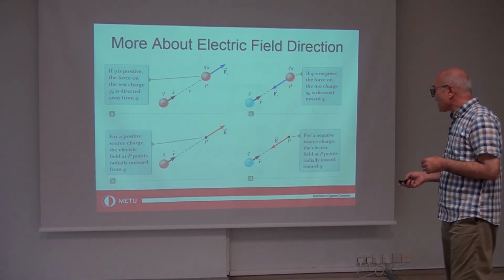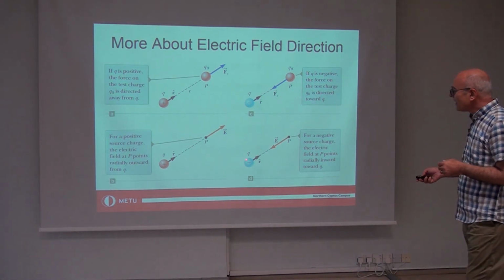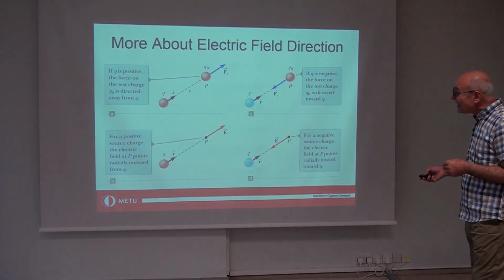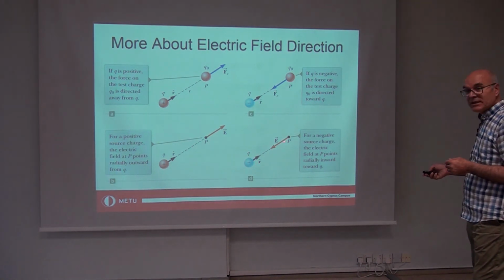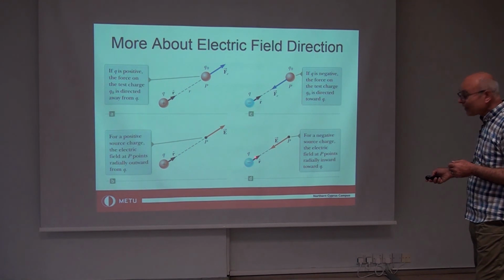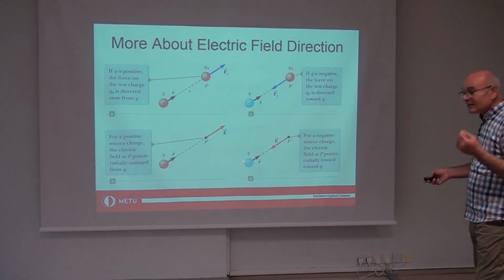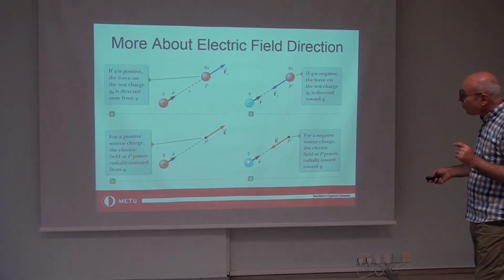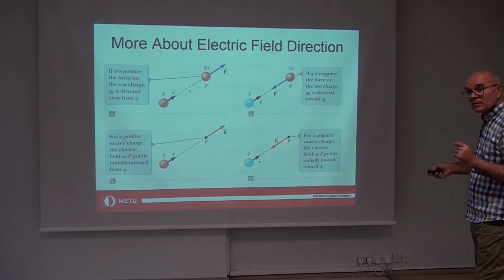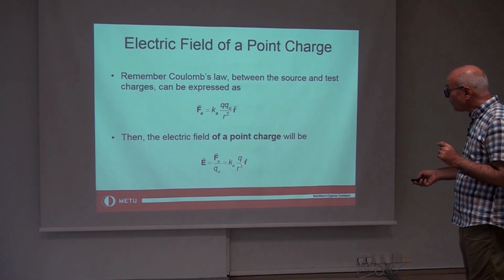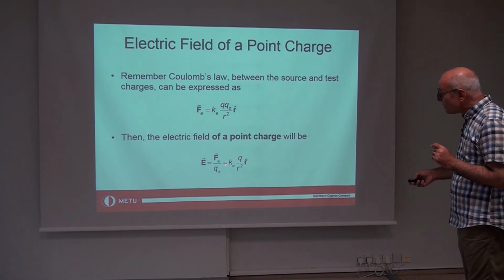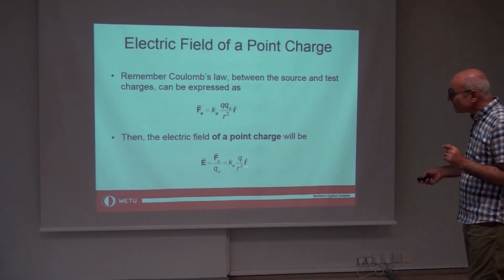Now, on the other hand, if you want to find the electric field of a negative source charge at the point P, the r hat vector is still defined as pointing from the source charge towards the point where you want to find the electric field. So it is in this direction. But now, since Q is negative, this whole thing is a negative scalar multiplying r hat.